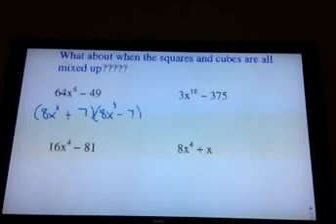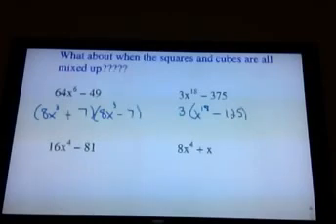Question 2. Is there a common factor? Yes, there is. I can take out a 3. 3 into 3x to the 18th leaves me just the x to the 18th. Minus 3 into 375 is 125. Then I look at my parentheses and I ask myself, do I have squares or cubes?